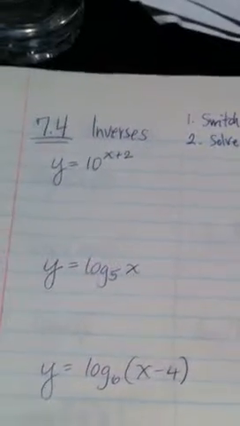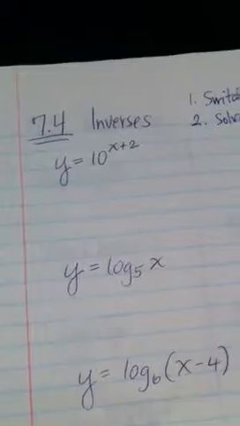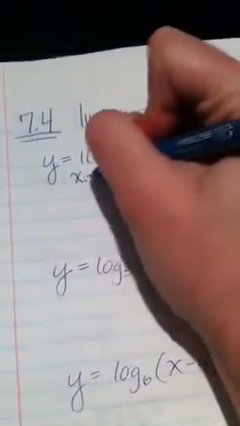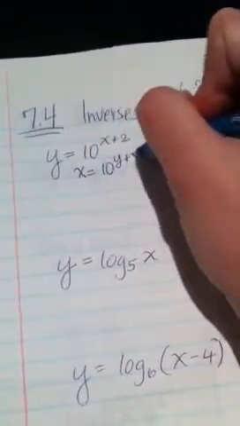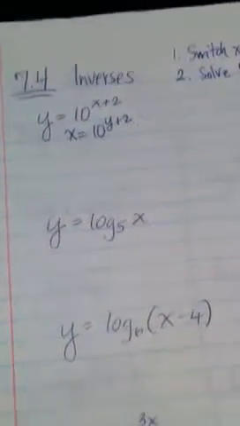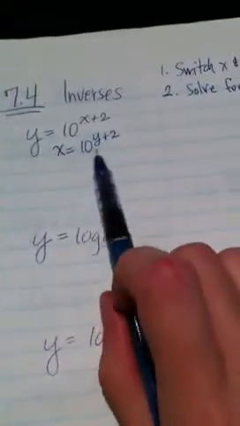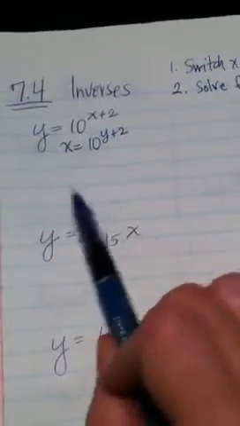Okay, so the first one, I'm going to switch the x and the y, so I get x equals 10 to the y plus 2. And for all of these, it's either in exponential form or in log form.